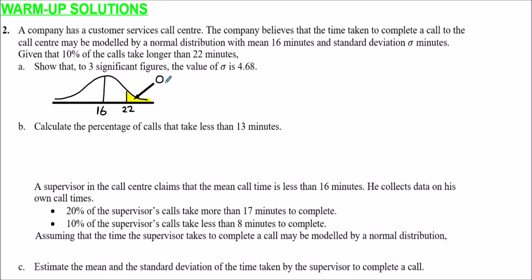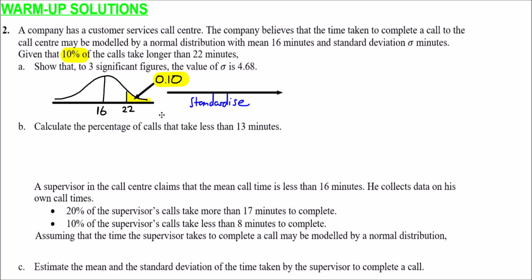So what we need to do is to standardize into the standard normal curve. So we take this normal distribution and we're going to standardize it now by subtracting the mean from all points and dividing through by the standard deviation.